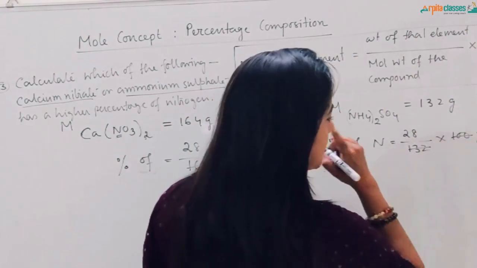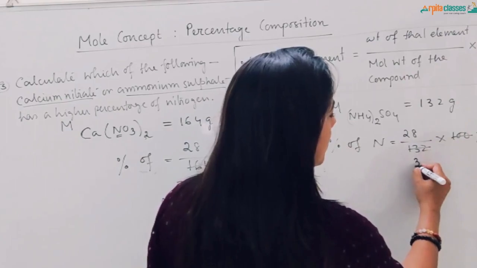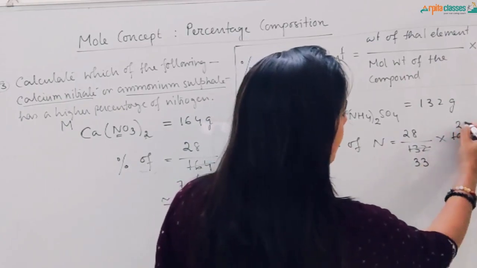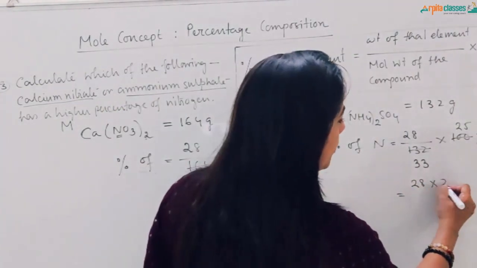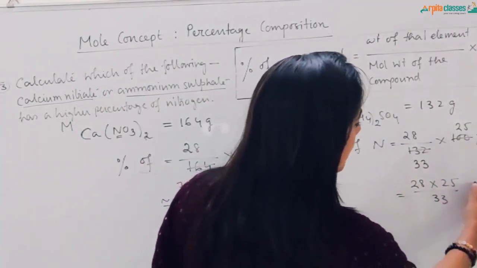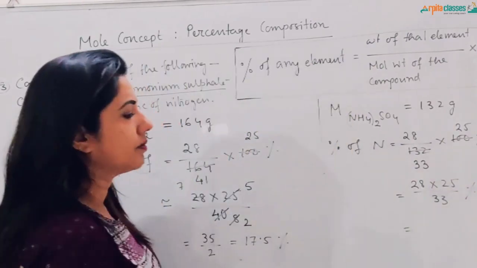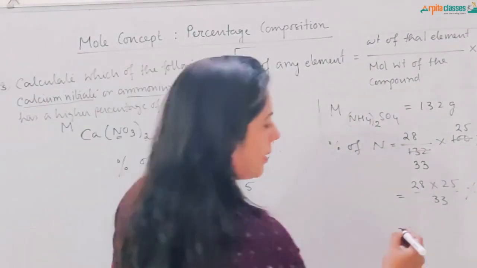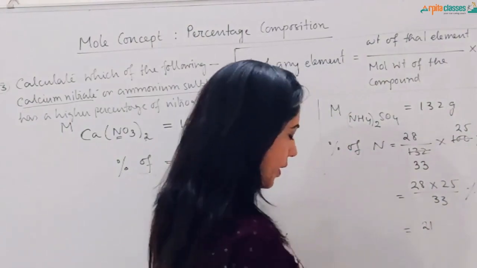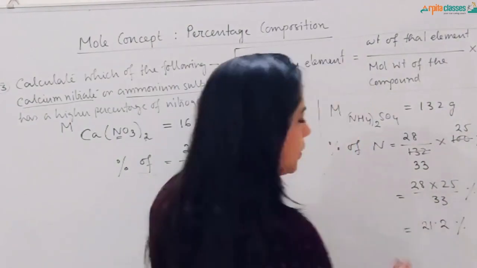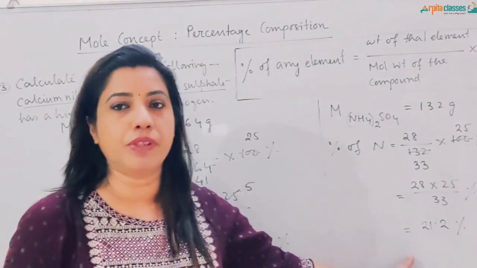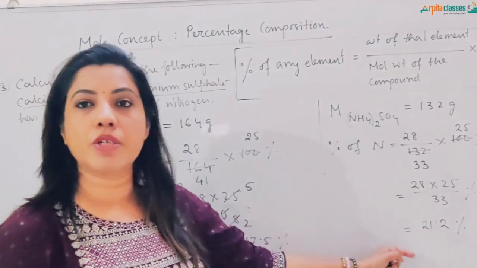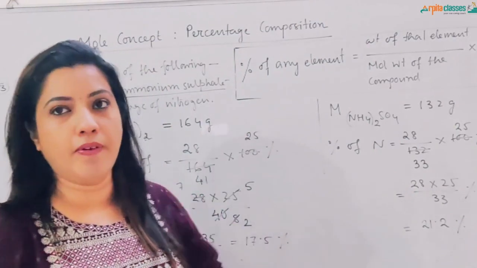So this comes 25. So it is 28 into 25 upon 33. If you do this calculation, it will be coming around 21.2%. So it is coming 17.5% here, here it is coming 21.2%. That means nitrogen percentage is more in ammonium sulfate.